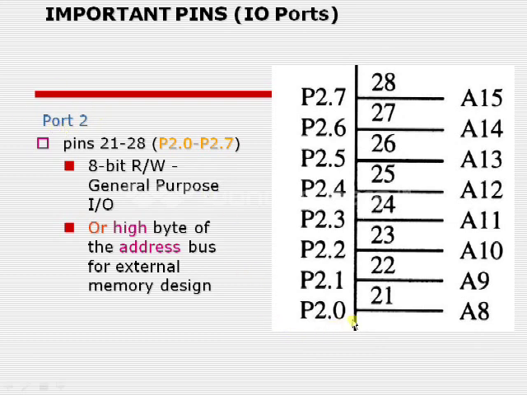Port 2 again has totally 8 pins, P2.0 to 2.7, and here you can see that it is going to carry the address information, that is from A8 to A15, which is nothing but the higher byte address. So I can use these pins as input, as output, or as higher byte address lines. These address lines and data lines are mainly used whenever we connect some external memory or external peripheral.